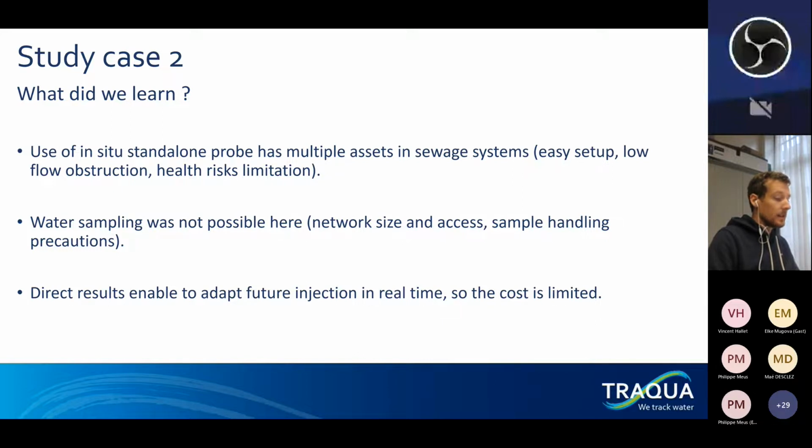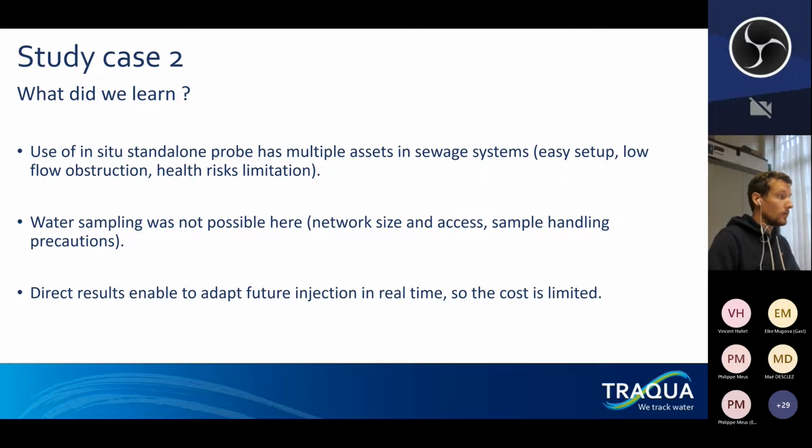And again, here, in addition to the health issue, water sampling was not possible because of the size of the network, the access, and of course also because of the sample precautions we need to take.